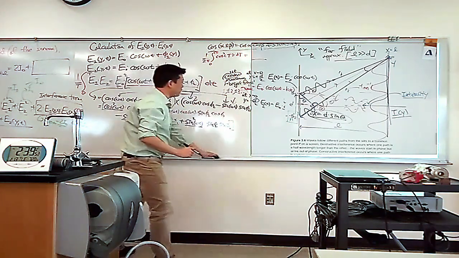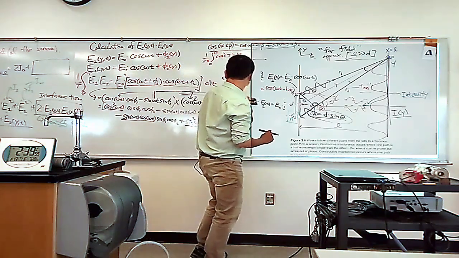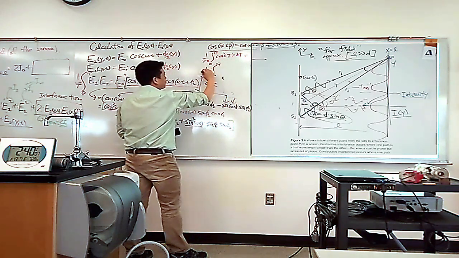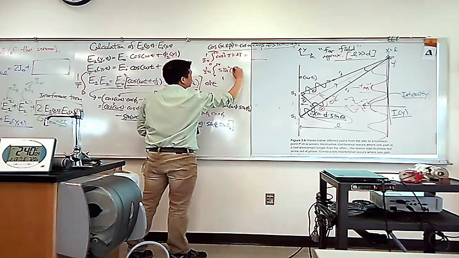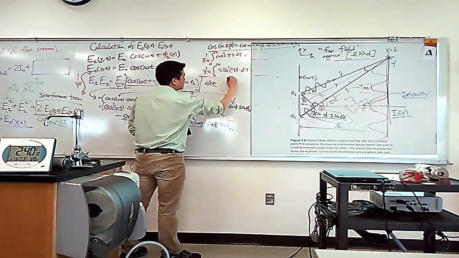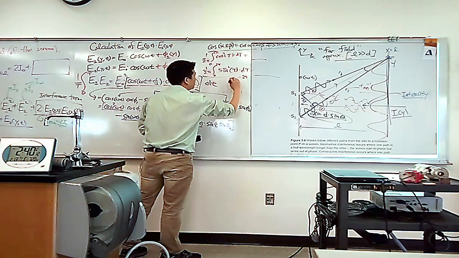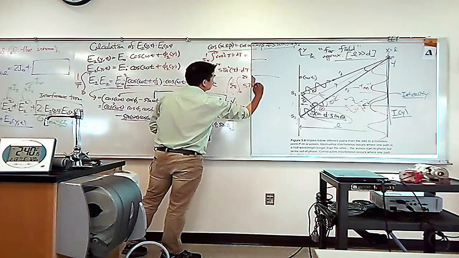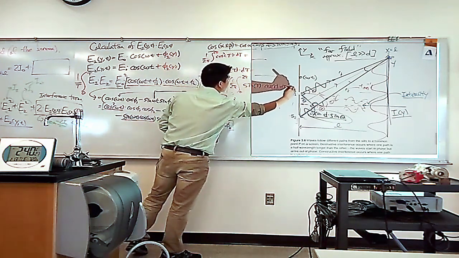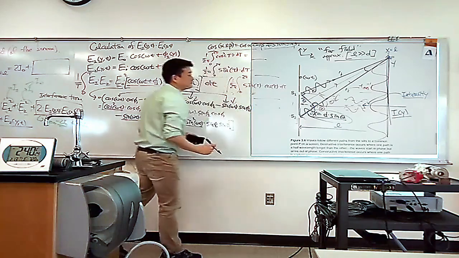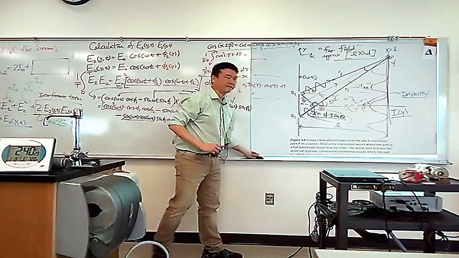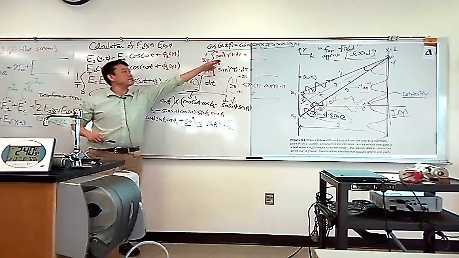And the same thing for the other two: from 0 to 2 pi, 1 over 2 pi, sine squared t dt is equal to something. And the very last formula, 0 to 2 pi, 1 over 2 pi, sine of t times cosine of t dt is equal to something. Depending on how well you did in calculus, you might recognize this. You see this often. Does anyone remember the first one?